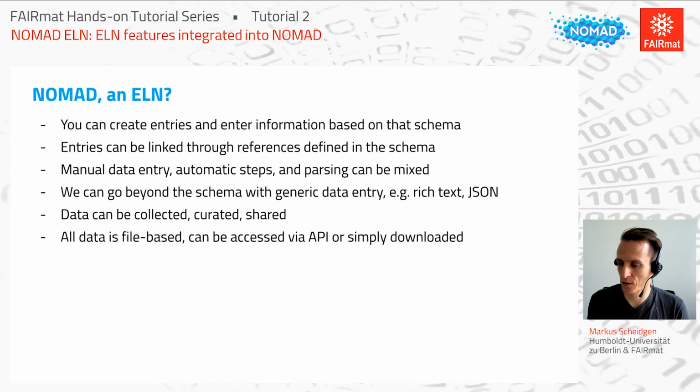And this allows you to enter information, to link entries with each other. That allows you to combine the parsing with manual editing steps, so that you have an easy time combining different approaches and get all the data into one system, where you then can collect data, curate data, and share your data.